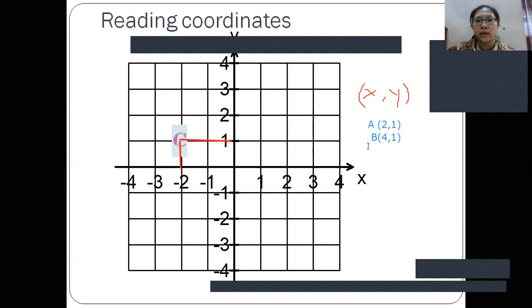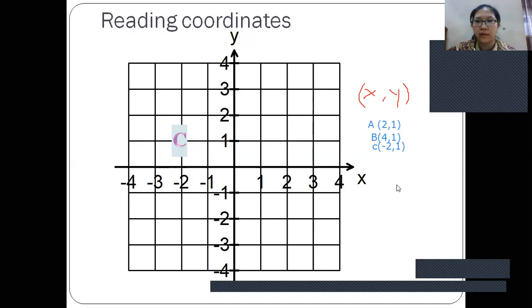That's why the coordinate of C is (-2, 1). How about D? On X, D is -3. On Y, it is 4. So the coordinate of D is (-3, 4).